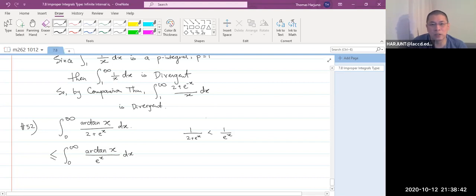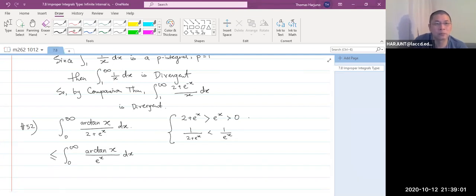The reason is the reciprocal is true, and they are positive. Okay, so that's what I use here. If you divide by a smaller positive number, then you get a larger quotient.